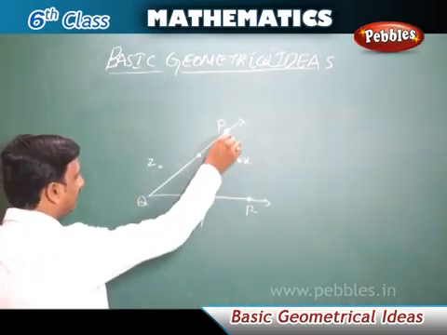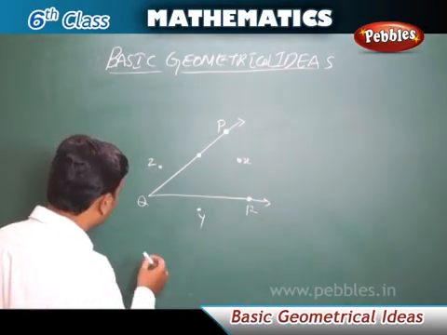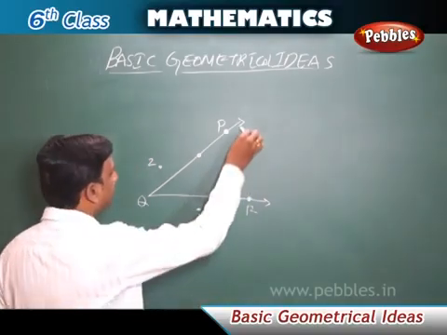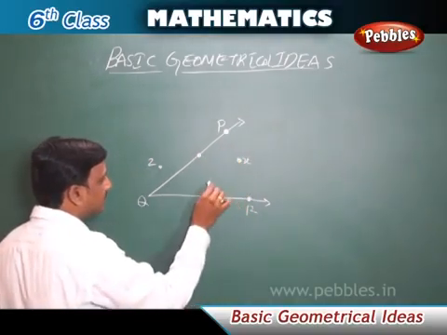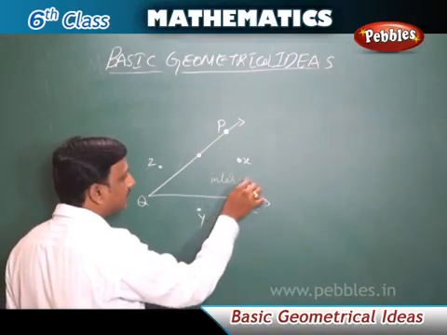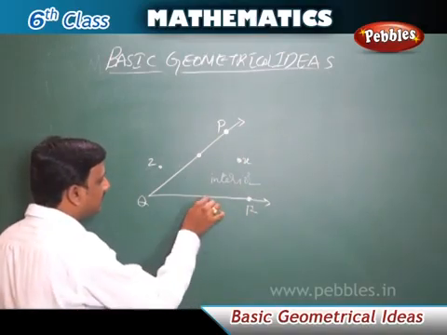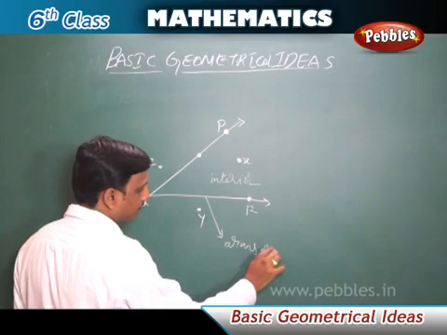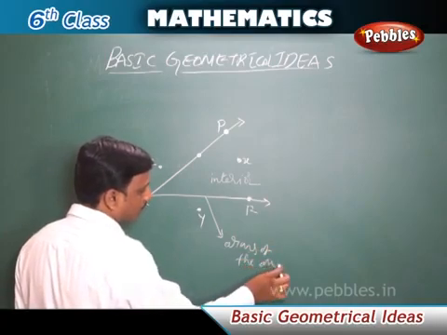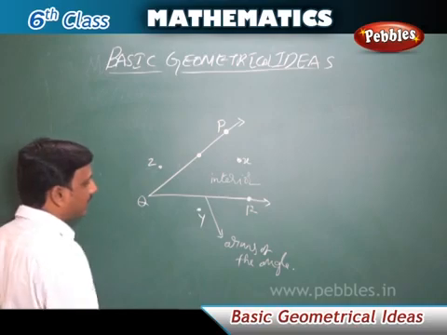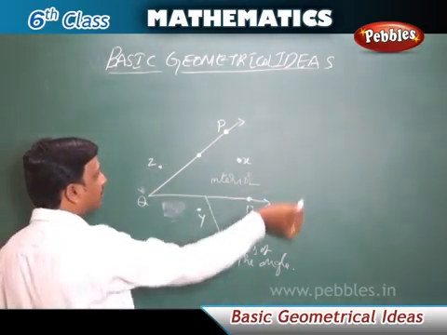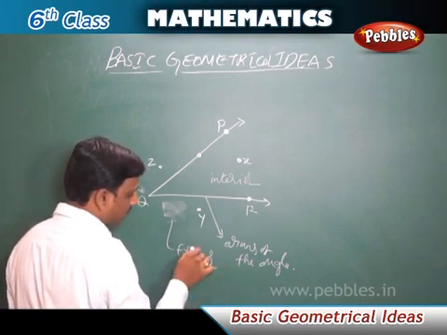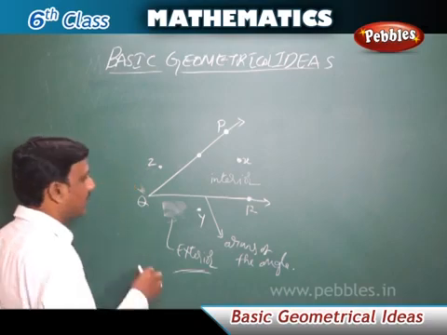Now let us see an angle PQR. So in this angle, here we find some points are located. The area that lies between these two rays is called interior of the angle. Interior, and these two are called arms of the angle. And whereas the outer portion of this angle is called exterior. Exterior of the angle.